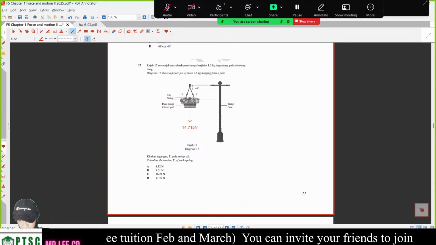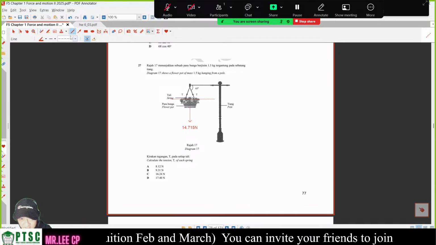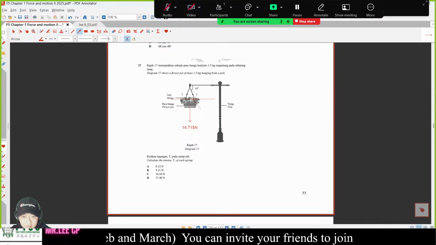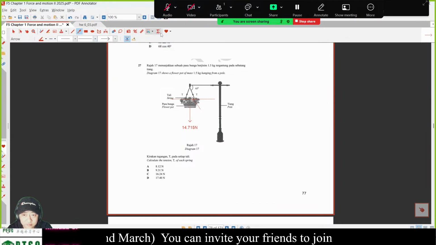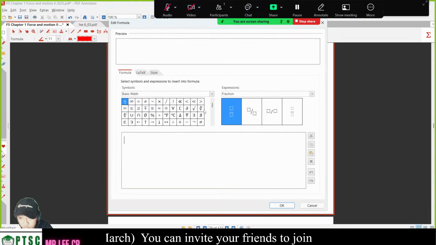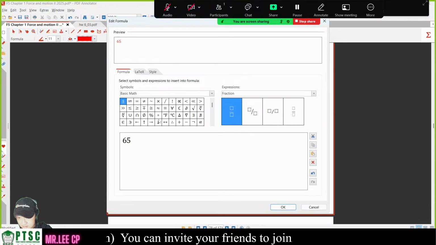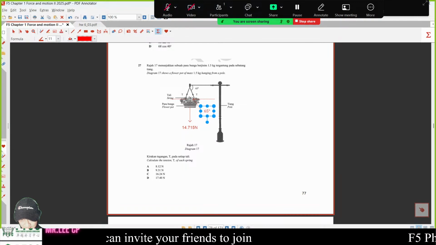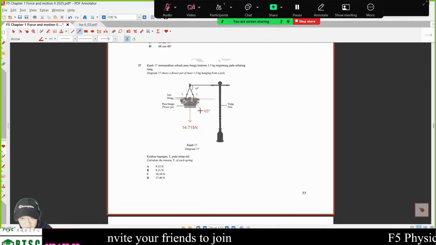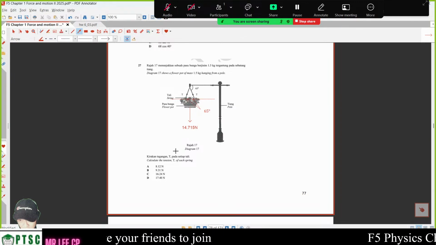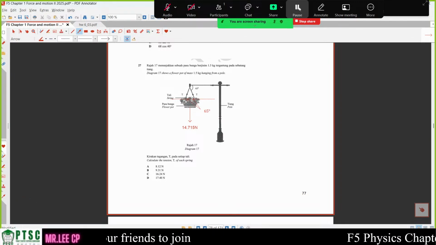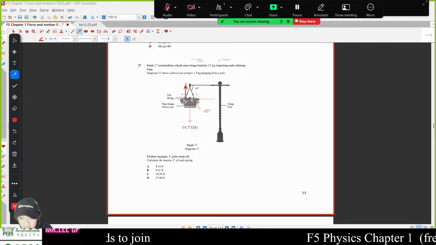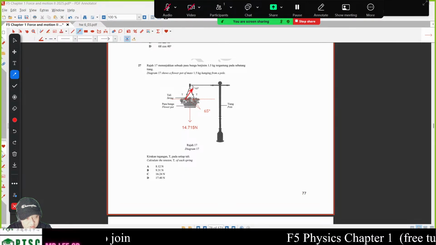Inside here it is 65, inside here it is 65 also. Too small so I write it outside. Both are this angle and this angle. So now here T, touching 65 or not? Not touching, I use sine.